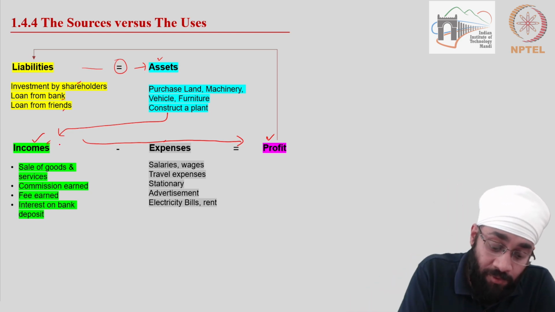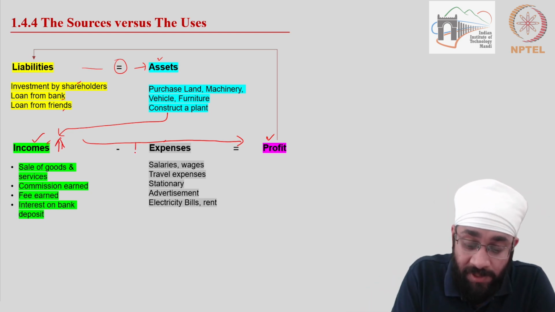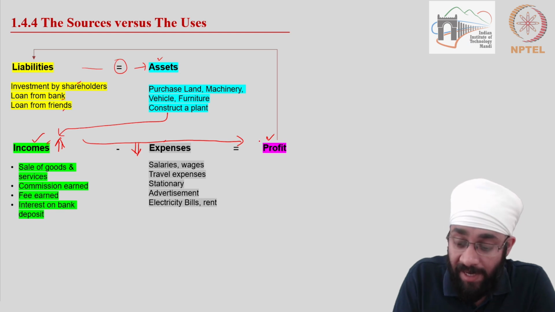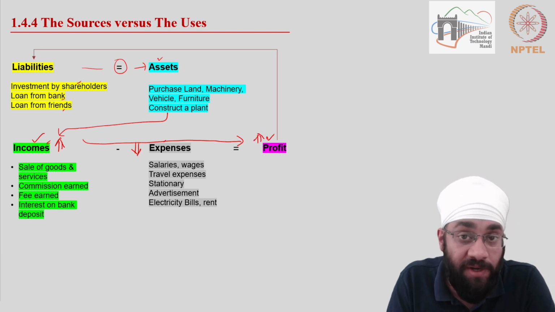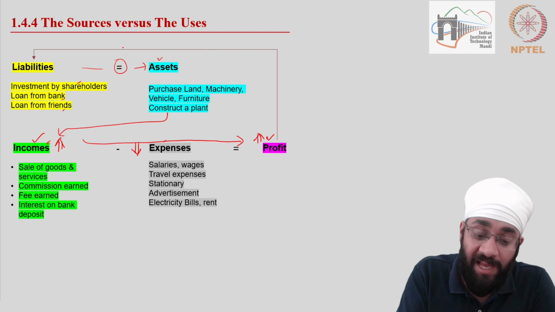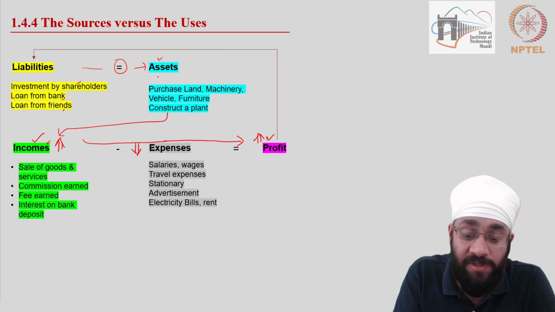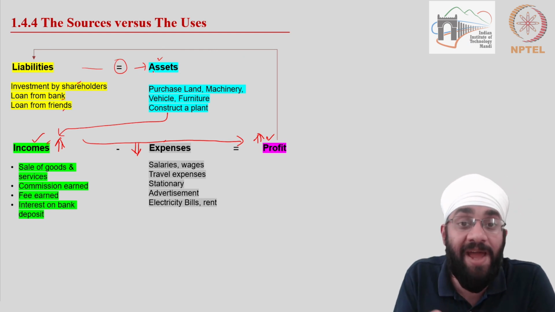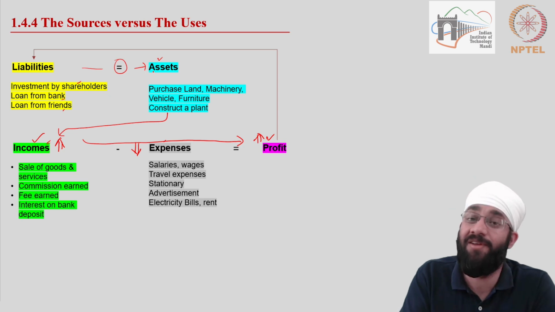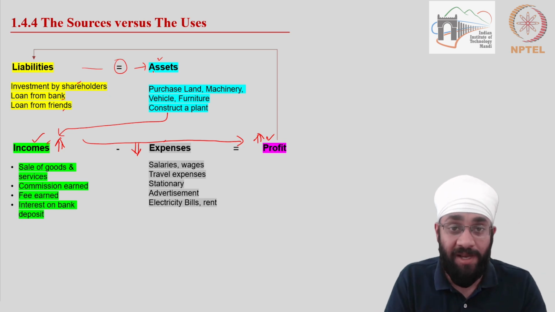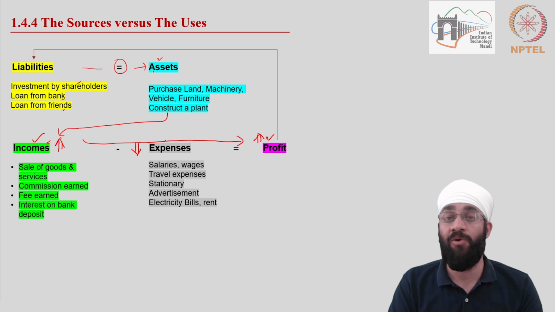You are trying to maximize your incomes, minimize your expenses, and hence maximize your profit, so that this profit can be channeled back into the business to generate more assets, so that you can generate more income. That's how businesses work.